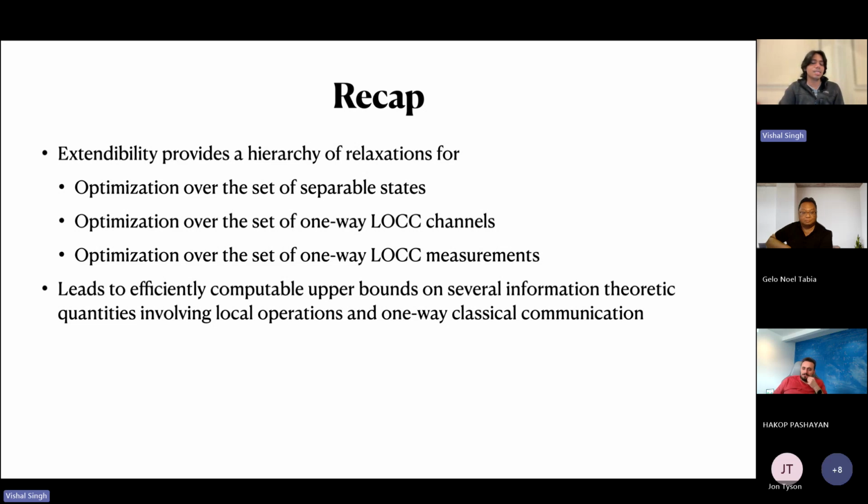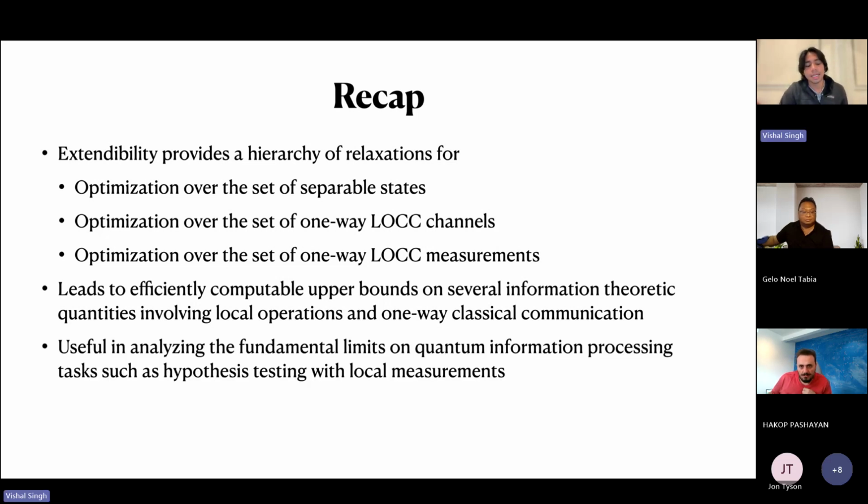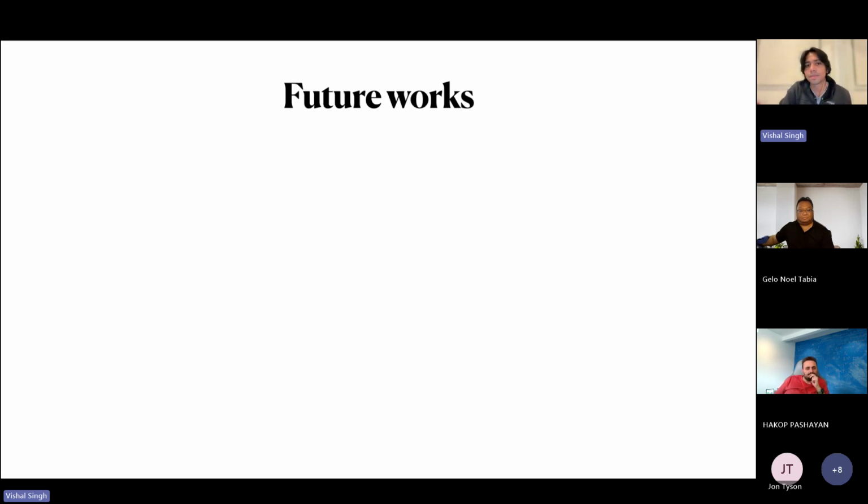It leads to efficiently computable bounds on many quantities that we're interested in, especially when it involves local operations and one-way classical communication. And they are very useful in analyzing fundamental limits on quantum information processing, such as hypothesis testing with local measurements, which is basically the foundation that we used for the one-shot classical capacity results.